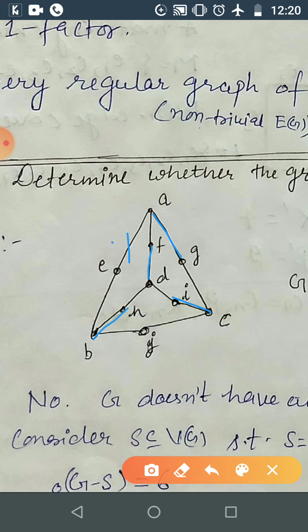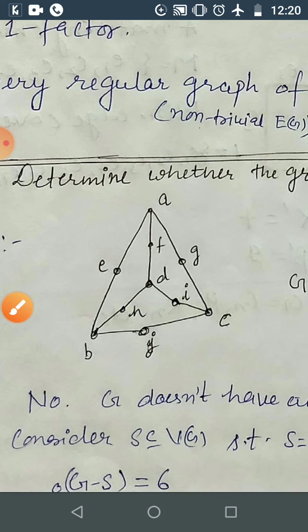And you cannot consider this one because you have considered this edge. Okay, so here this is a one regular graph but not spanning, because this does not contain this vertex with this vertex and this vertex, correct? This E and J are not present.